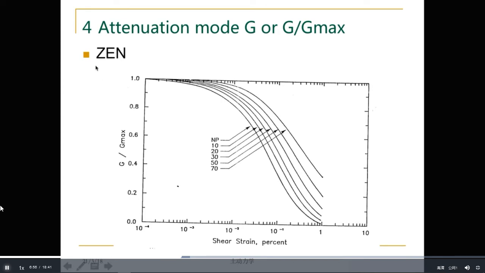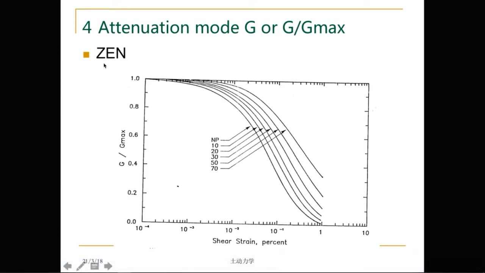Japanese scientist Zen Koki from Kyushu University also did some laboratory tests and proposed the relationship between G over Gmax and the shear strain. They gave groups of curves with different PI.